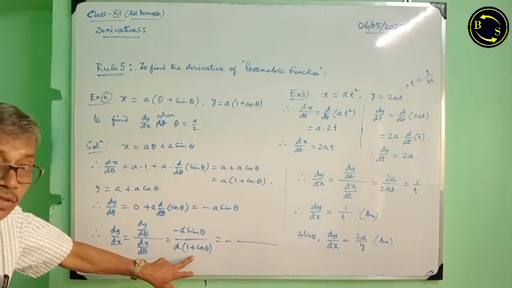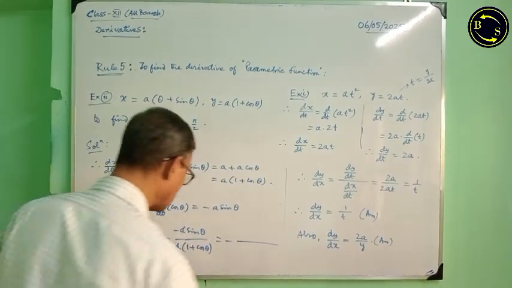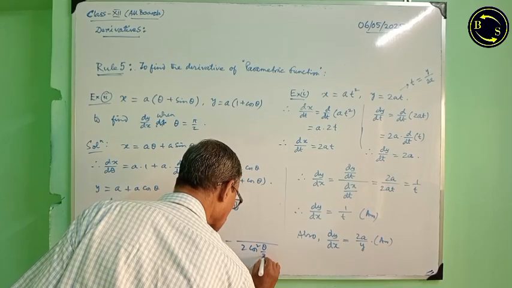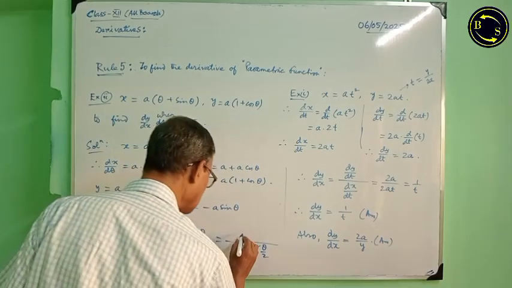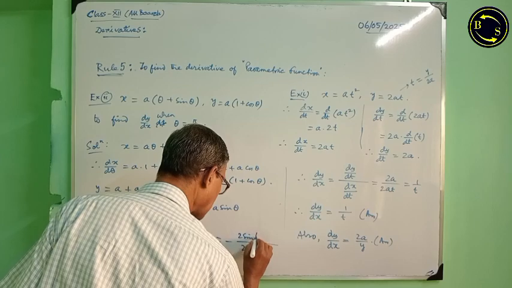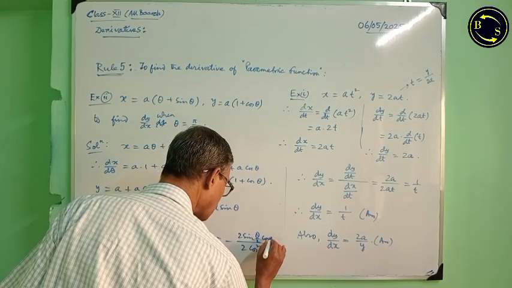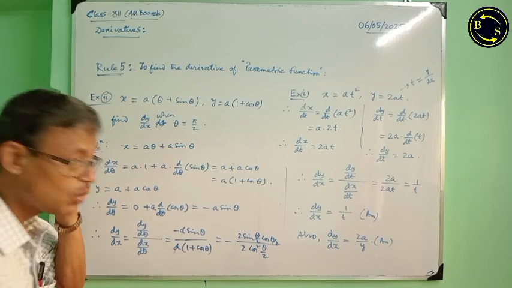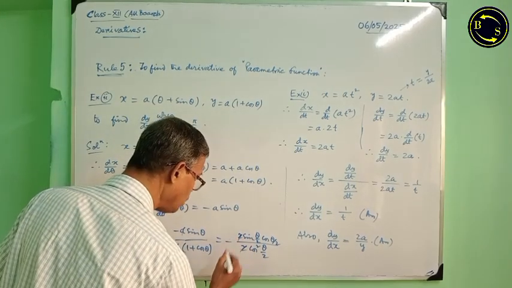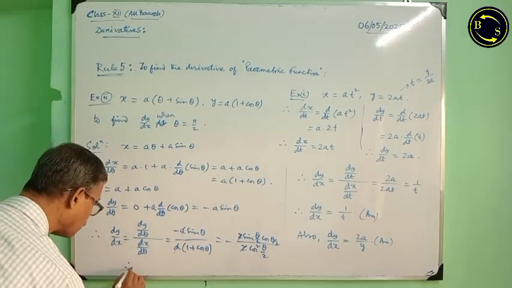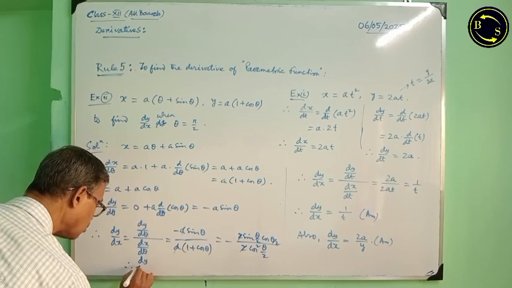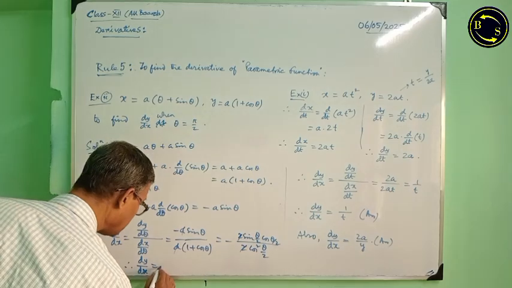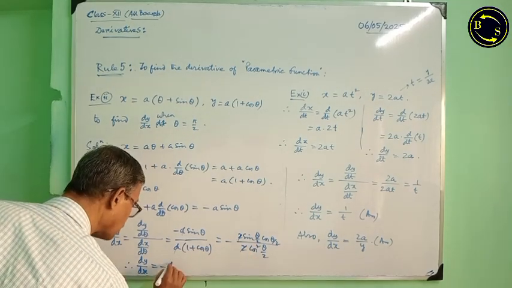Now there is 1 plus cos theta. We use that identity 2 cos square theta by 2, and for sin theta 2 sin theta by 2 cos theta by 2. Therefore, 1 cos theta by 2 will be cancelled. These 2 will be cancelled. Therefore, finally, dy/dx is equal to minus sin theta by 2 over cos theta by 2, that is minus tan theta by 2.